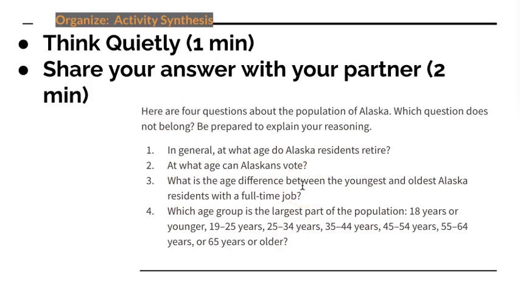Here you got to find out how old people are with a full-time job, and then once you find all that data, take and find the difference between whatever ends up being the youngest and whatever ends up being the oldest.